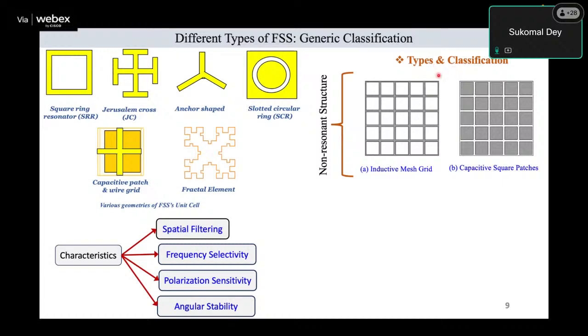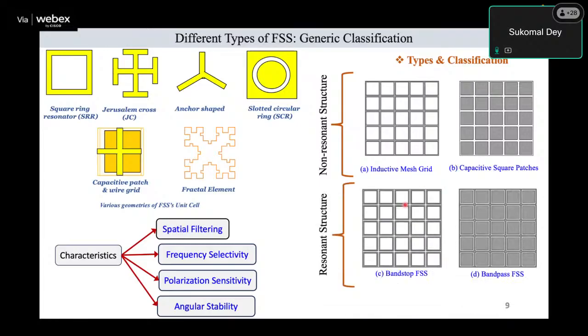Can you see my cursor over here? So this is your unit cell, correct? The gap that you are keeping between two layers is just because of the additional capacitance or additional inductance that you are getting from the structure.